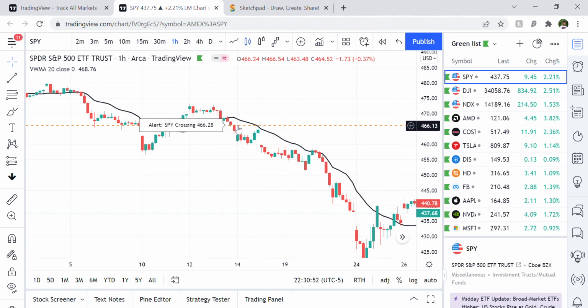And yeah, so you entered at 466.25 and the next candle, if you see, the closing is 464.50, and it even went to a low of 463.48. Okay, so it went almost near $2.75 in that next hour.